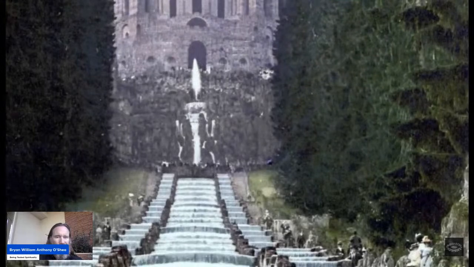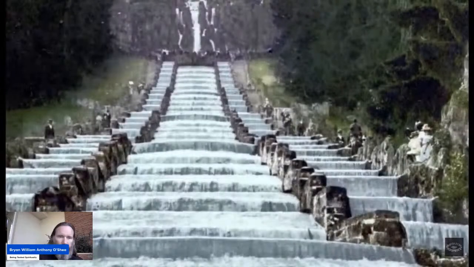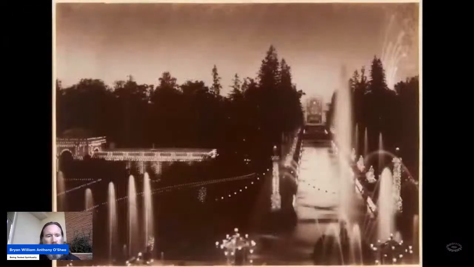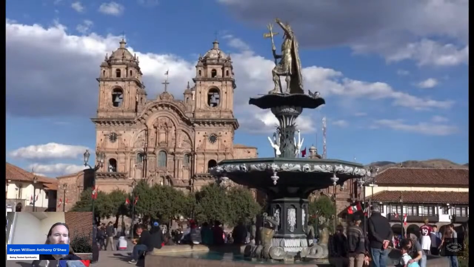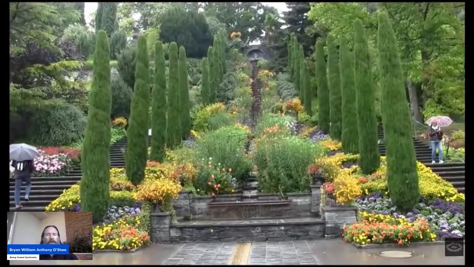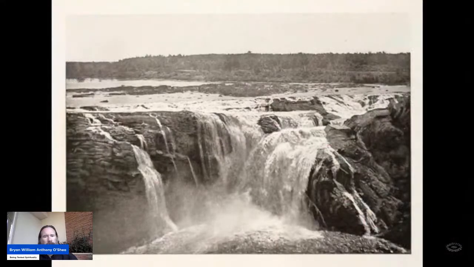But why? Why would they build all these waterfalls? Was it only to make it more beautiful? Maybe. And maybe not. But there's a real function behind these fountains. And we lost the knowledge of it.